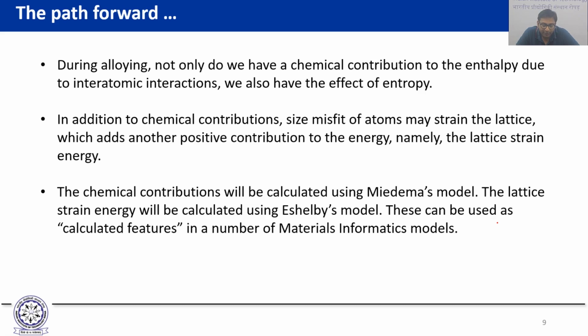So with Miedema and Eshelby, you can start calculating the thermodynamic features in a number of materials informatics problems that we will take up as we move ahead in this course.